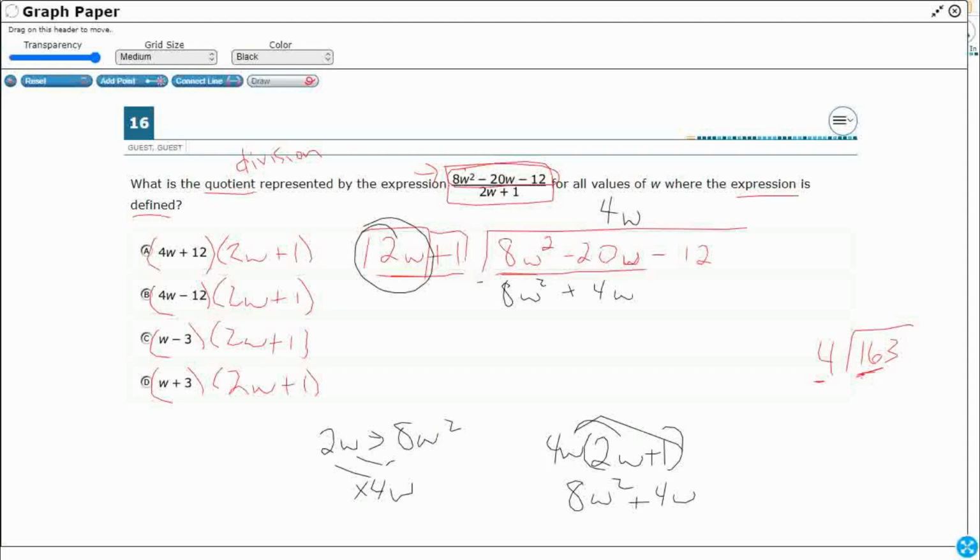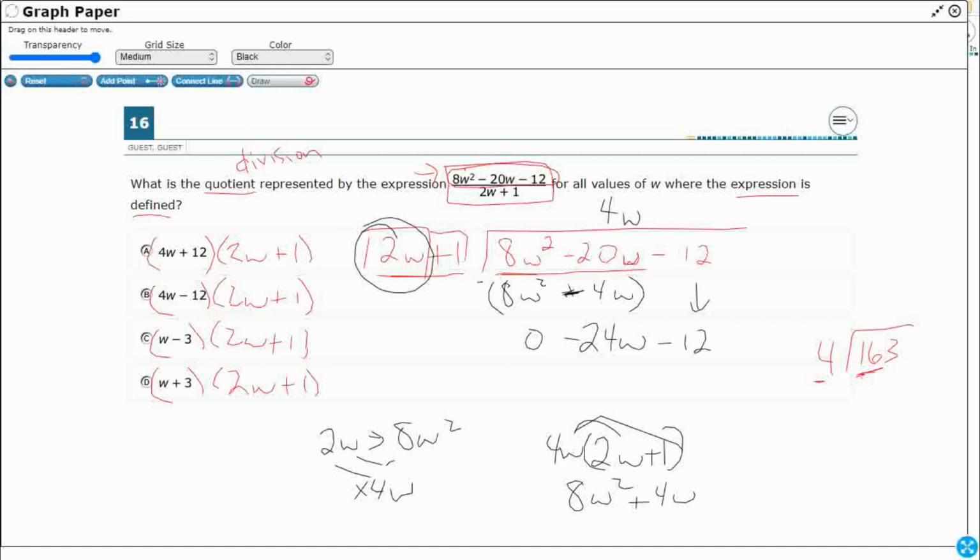So now we're just subtracting these expressions. If I'm subtracting that, that means I need to flip the sign on both of these. That's going to end up being a minus 8w squared, which just leaves us with nothing. That's good. This is going to end up being a minus 4w, so now it's going to be minus 24w, because it was a minus 20w minus 4w, and then you bring down that minus 12.